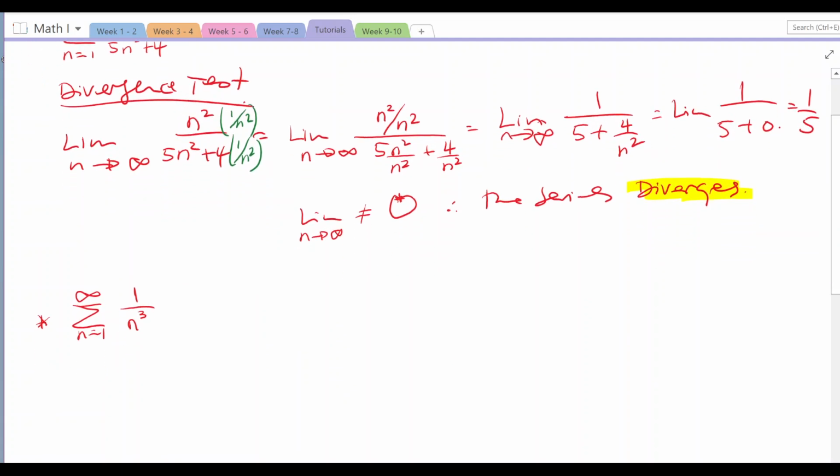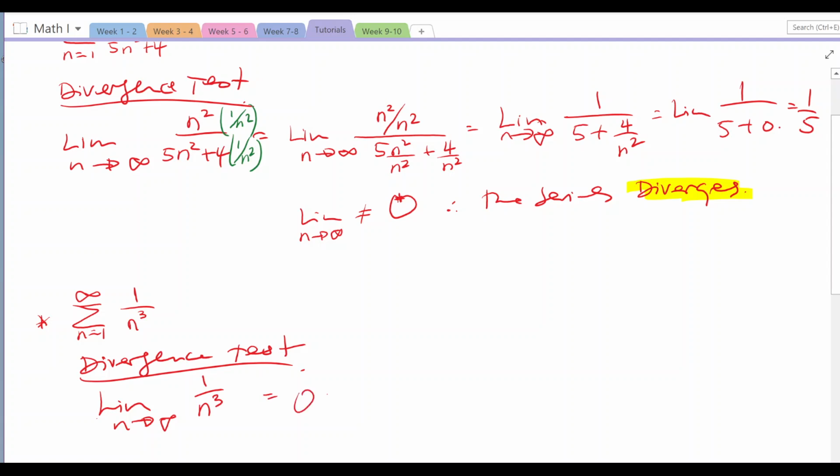Okay, let's have a look at question number 2. If we want to apply the divergent test directly, then this is simply 0. Using the divergent test, taking the limit as n approaches infinity of the series, which is 1 over n cubed, and substituting infinity directly, this becomes 0, and therefore the series converges.